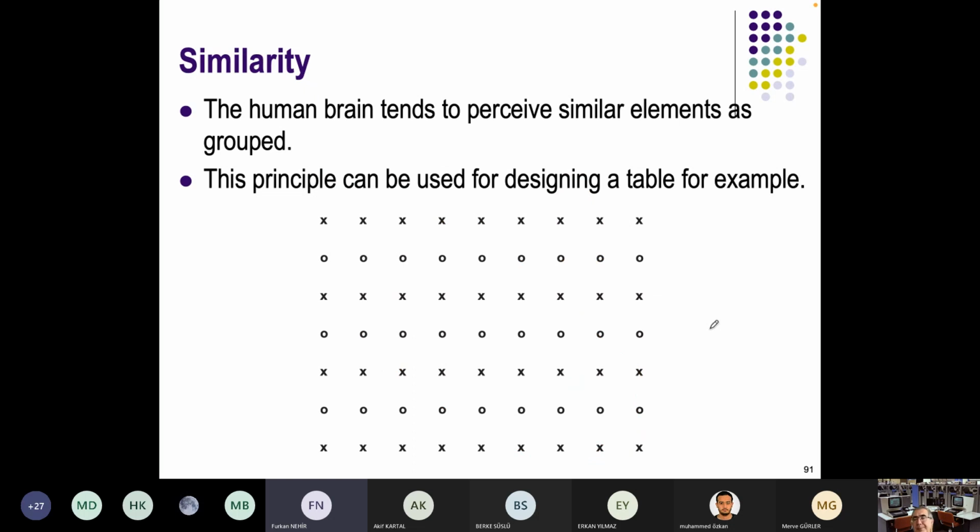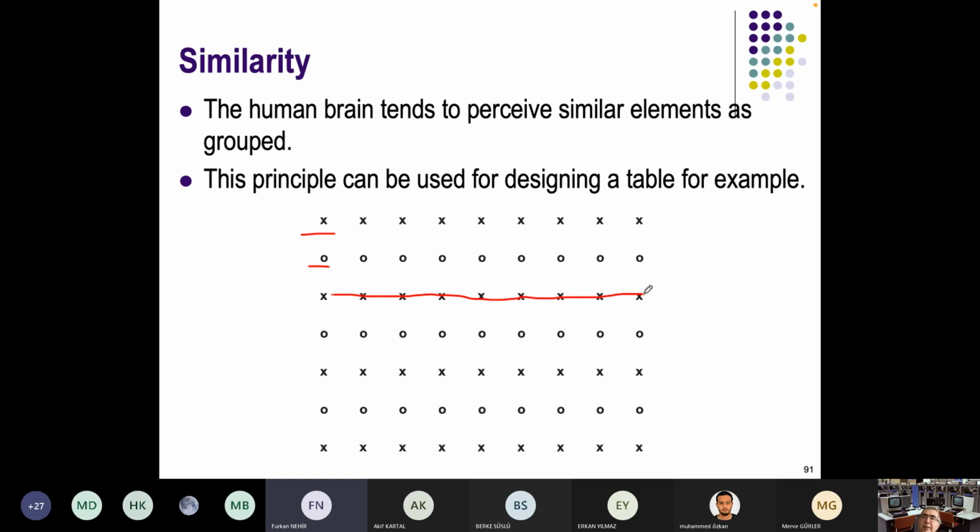Second thing is the type. Similar things are grouped. Similar elements need to be grouped. In addition to proximity, similar things are brothers. Therefore, when you have crosses and circles arranged equally spaced, your brain tends to construct lines out of it.